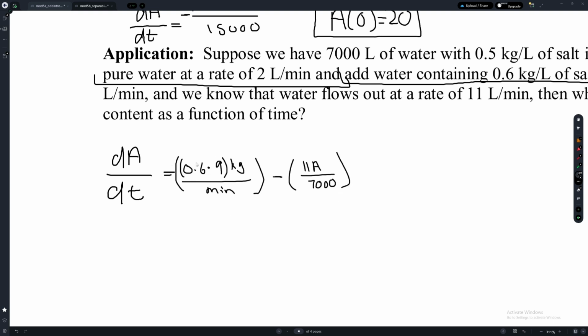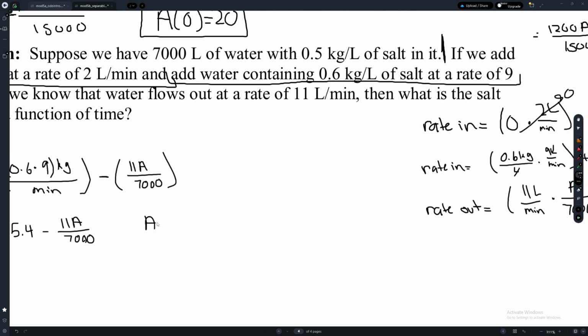All you have to do is the multiplication and you'll get some number. Let me do it real quick. Okay, so we got 5.4 minus 11A over 7,000, and this is dA over dt. You isolate them just like we've been doing.